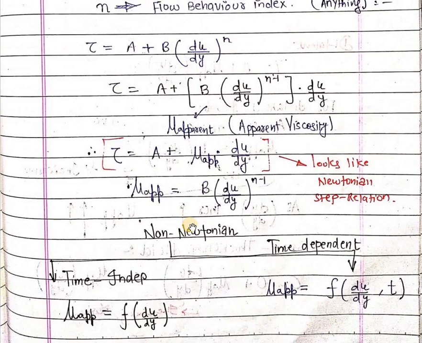For the classification of the non-Newtonian fluid, we can classify according to time. The first classification is if the fluid is time dependent, that is, mu apparent is a function of du upon dy and time. For the time independent, mu apparent is a function of velocity gradient only.